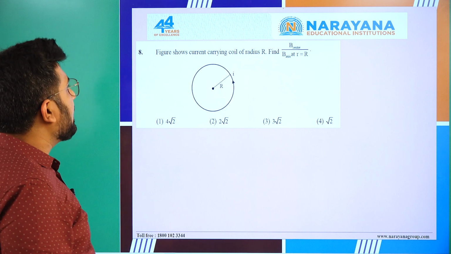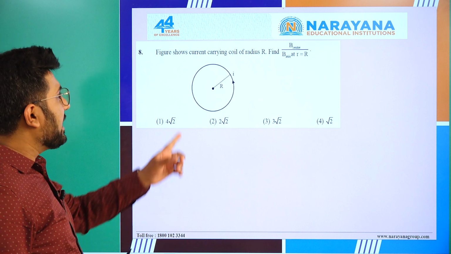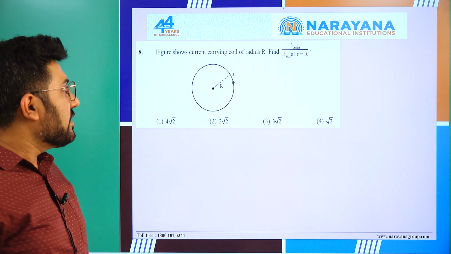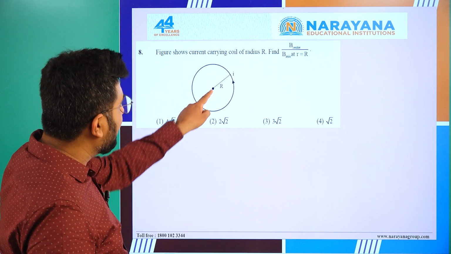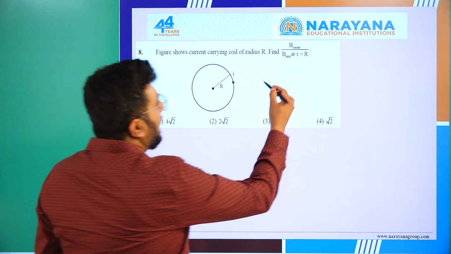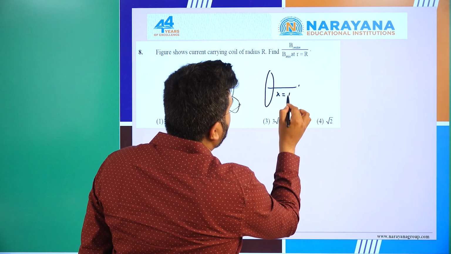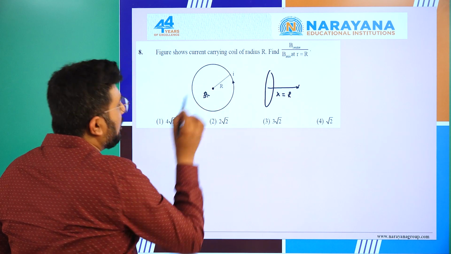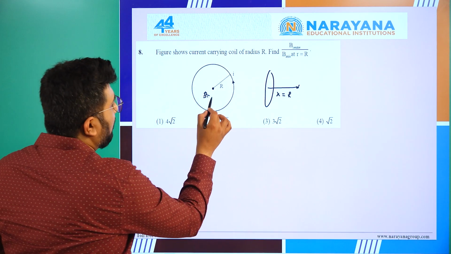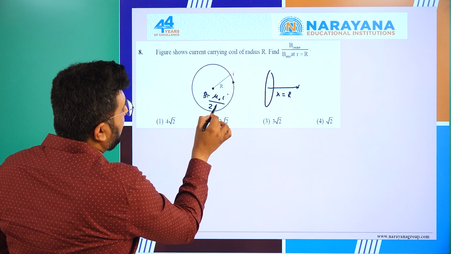In this question they have given you a current carrying coil. It's a circular coil, radius is r, and they are asking us the ratio of the magnetic field at the center of this coil and at any point on the axis which is at a distance r from the coil. So I need to find the magnetic field here, which you already know. The formula is mu naught I by 2r.